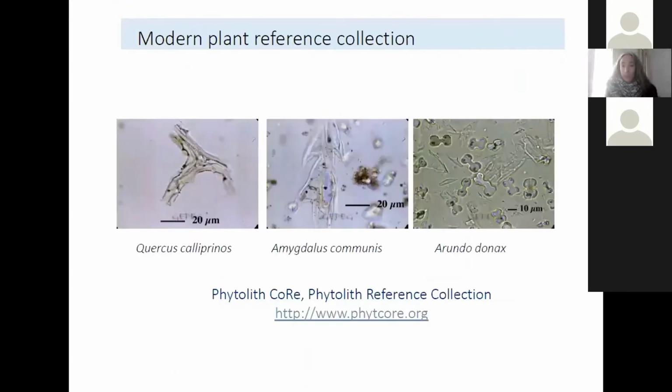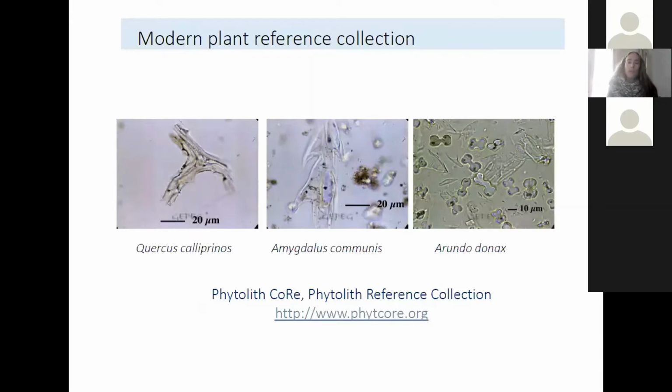Of course, it's critical, as in many other botanical sciences, to build up modern reference collections, plants also from soils. This is the most complete one that you can find, it is open access. It's available online, the Phytolith Core, a phytolith reference collection.